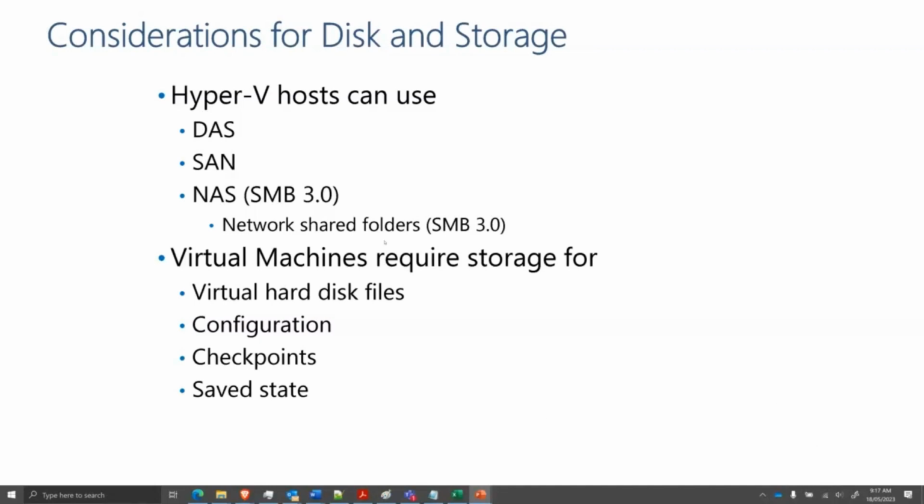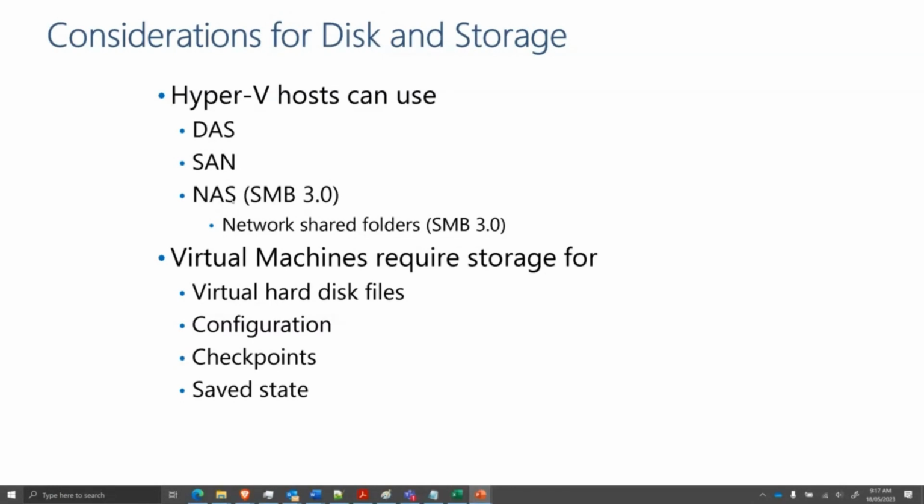So Hyper-V hosts can use DAS, which is a different way of saying direct attached storage. That's basically your internal hard drives, local hard drives, your USB hard drives. Nothing too difficult there. It can use SANs, those Fibre Channel, Fibre Channel over Ethernet, iSCSI that we've been talking about. And it can also support NAS.